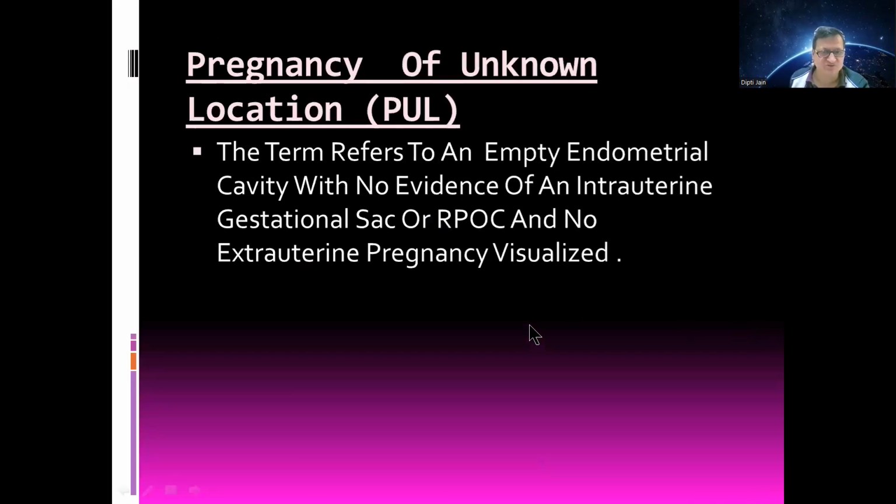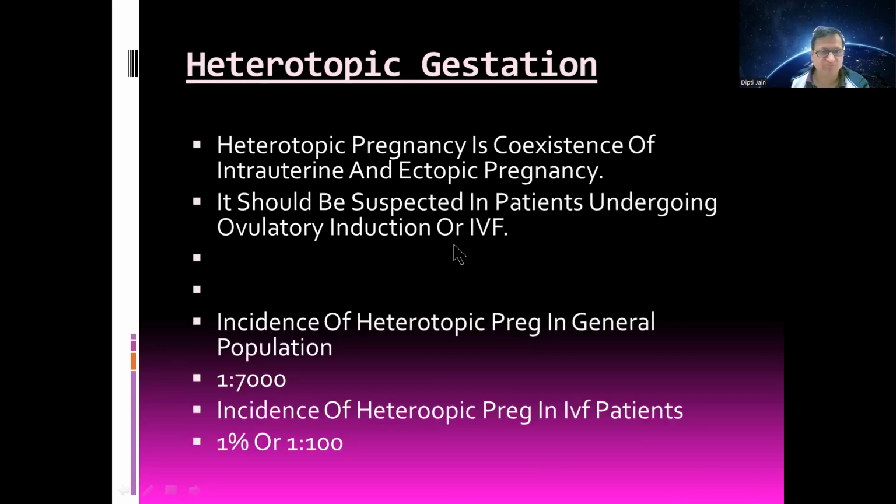Pregnancy of unknown location, or PUL, refers to an empty endometrial cavity with no evidence of an intrauterine gestational sac or RPOC and no extrauterine pregnancy visualized. Heterotopic pregnancy, or heterotopic gestation, is the coexistence of an intrauterine as well as an ectopic pregnancy. It should be suspected in patients undergoing ovulation induction drugs or IVF.